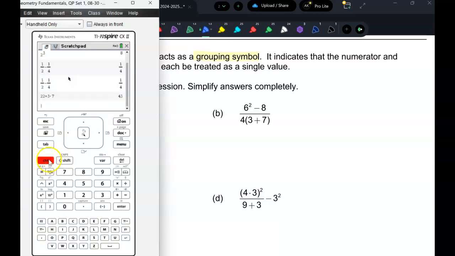We can just do a fraction bar, and do 6 plus 4 over 3 squared times 4. And take a look. It will do all the work and even reduce it for you. Okay, so I want you to be able to check that.